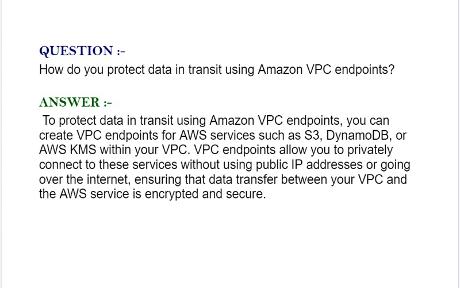VPC endpoints allow you to privately connect to these services without using public IP addresses or going over the internet, ensuring that data transfer between your VPC and the AWS service is encrypted and secure.